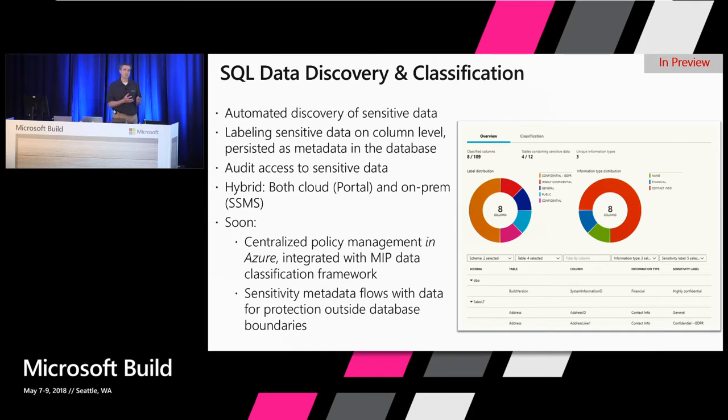It classifies them against a known set of info types, and then it allows you to label them as, this is sensitive, this is general, this is super sensitive, and so forth. And we currently have a built-in set of info types in the label hierarchy. And in the future, we'll evolve this tool as well so that you can bring your own taxonomies and you can make changes to our info types and so forth.